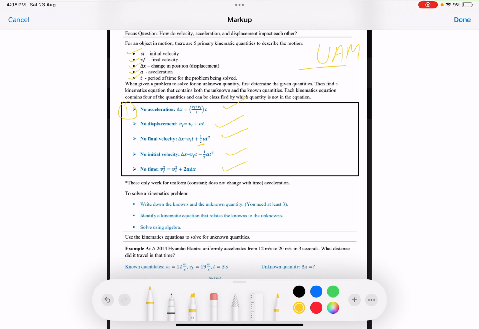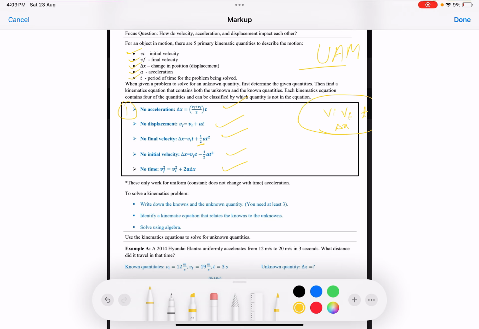If you don't have acceleration given, and you need to find something, you read the word problem and figure out 3 things. Let's say you figured out initial velocity, final velocity, and time of flight, and you need to find displacement. So which equation uses all of these? This is equation number 1, right?